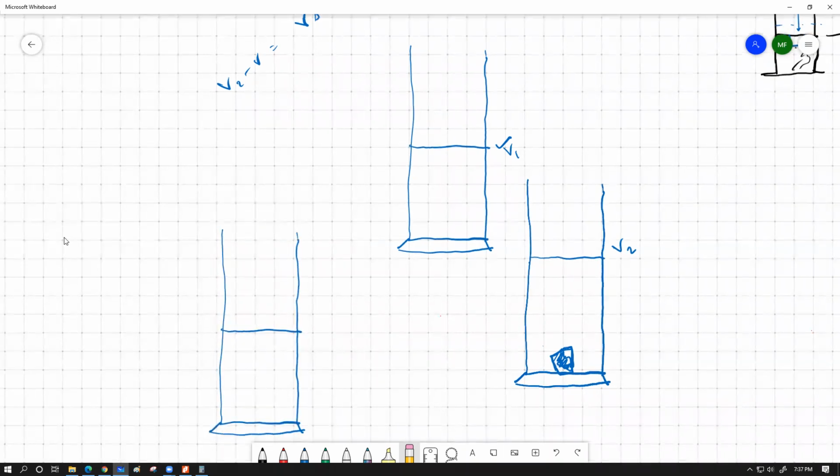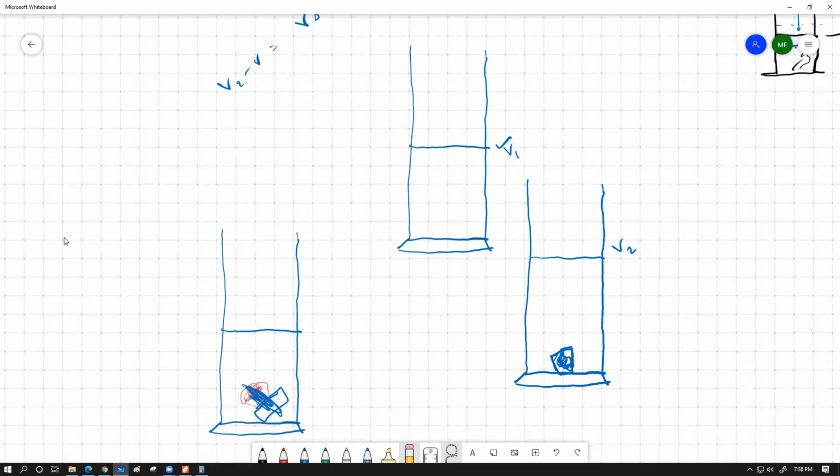Let me use a different color because we are running out of time. What we're going to do next is tie up the light object. Let's say the red thing is the light object, which tends to float on water, and the sinker together with some thin strings. We're going to tie these two up, and then we're going to take this whole thing and put it in the measuring cylinder.